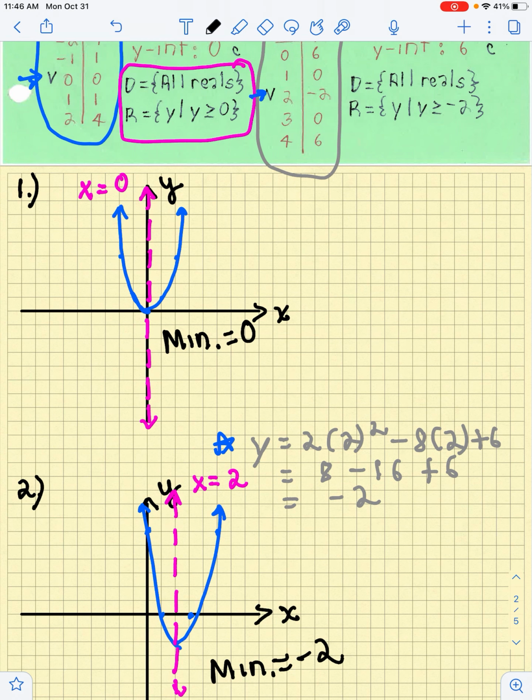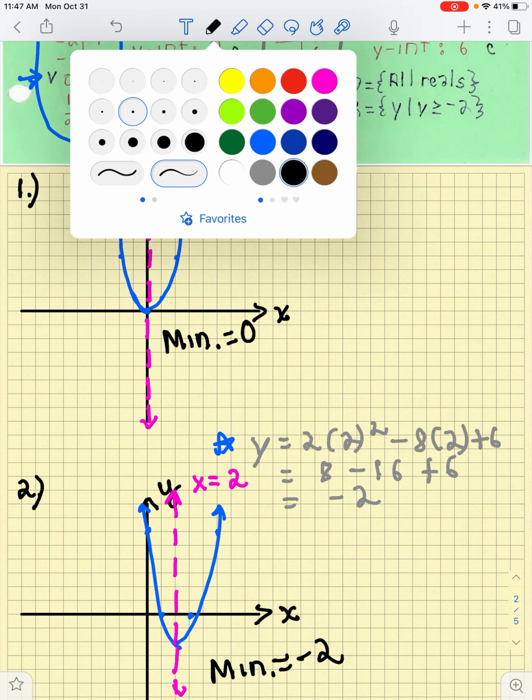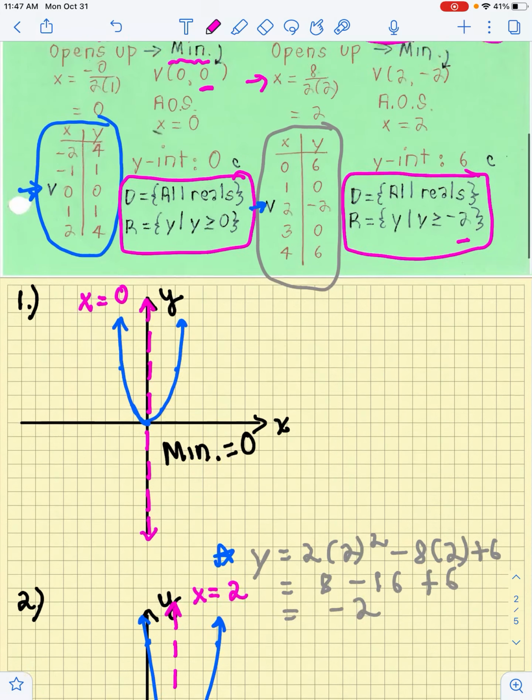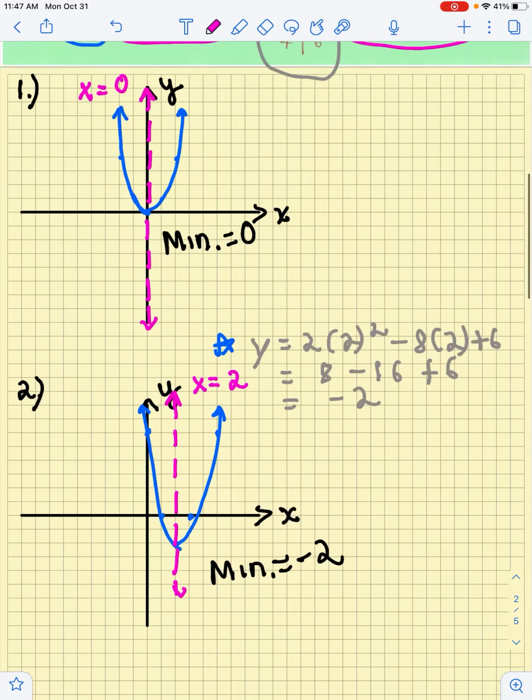That's the y-coordinate of our vertex. If you look up above, we can see the domain and range. The domain is all reals again because the parabola opens up and gets wider and wider and would consist of all real values. But the range would start at the lowest y, which is -2, and go up to positive infinity. So it's not really that bad.